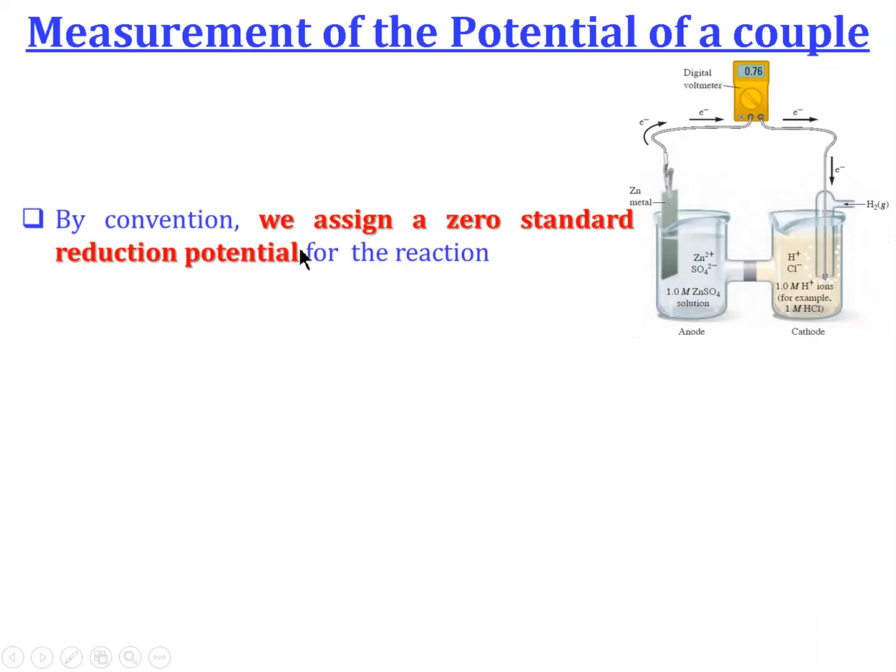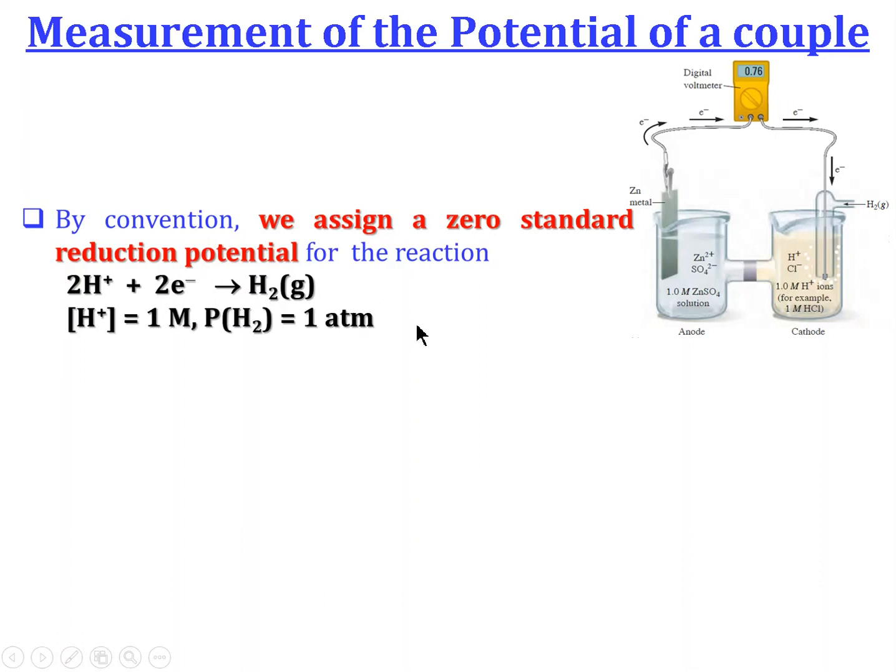By convention, we assign a zero standard reduction potential for the reaction that serves as reference: 2H+ + 2 electrons gives H2 gas. So this is the couple H+/H2 as a reference, with the concentration of H+ equal to 1 molar and the pressure of H2 equal to 1 atmosphere.